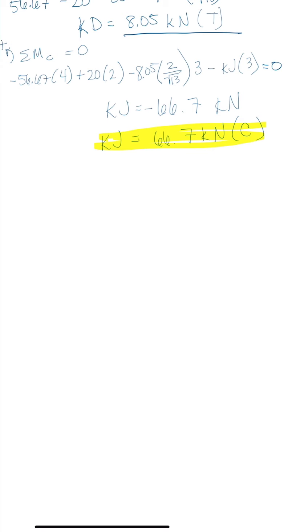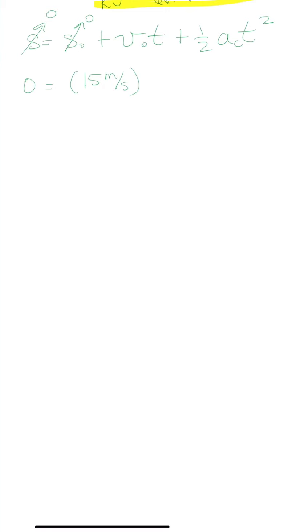So if we look at the equations, the one that'll help us with this is S equals S naught plus V naught times T plus 1/2 A sub C times T squared. It starts and ends at the same place, so let's just go to 0. So 0 equals, the initial velocity is 15 meters per second, and we're doing up as positive, times time, plus 1/2, and then the acceleration due to gravity would be negative 9.81 meters per second squared, times time squared.